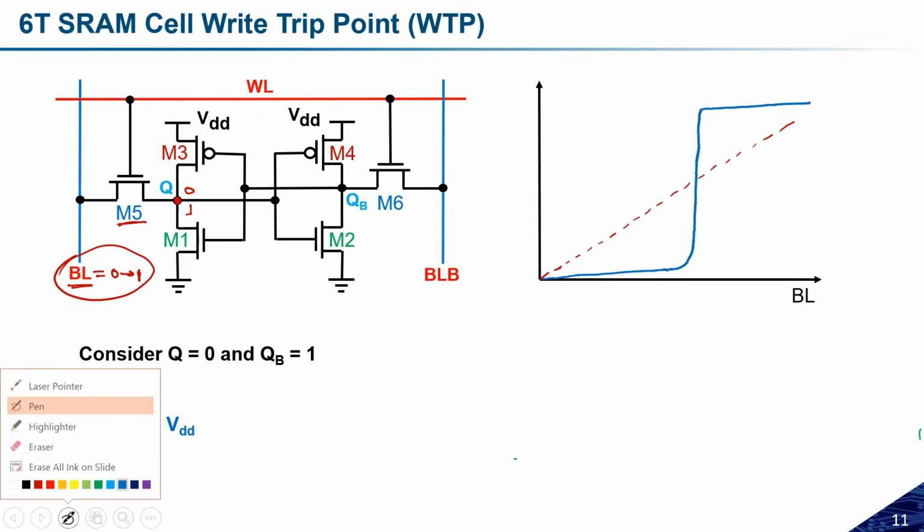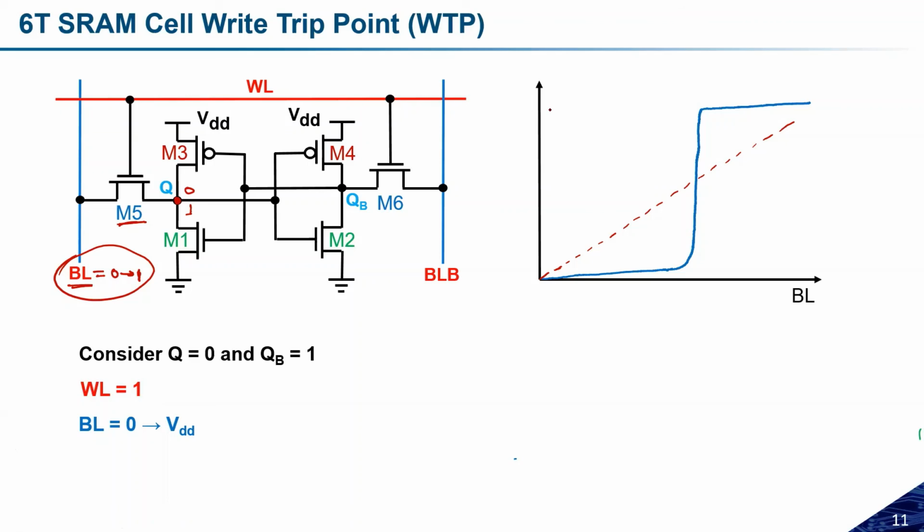And similarly, because the BL is changed, the BLB voltage will also change. So the BLB will look like this one. Initially the QB was at logic high, but it will try to discharge, and maybe it will suddenly flip its logic to this point and something like this.